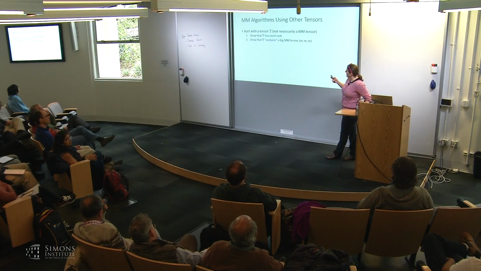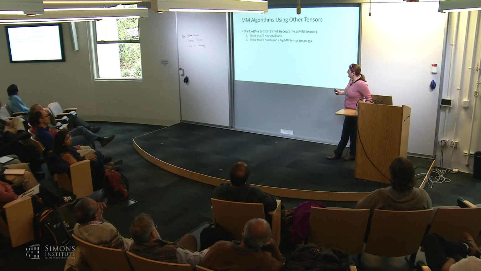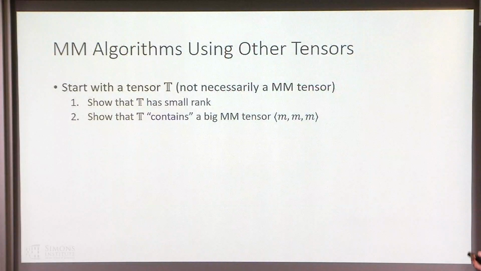Okay, so what we do instead is we take a tensor that may not be a matrix multiplication tensor, some tensor whose rank we really know. For example, this is one reason why the group tensors are so nice, because we can get their ranks very easily. They follow from group theory, from representation theory in particular.